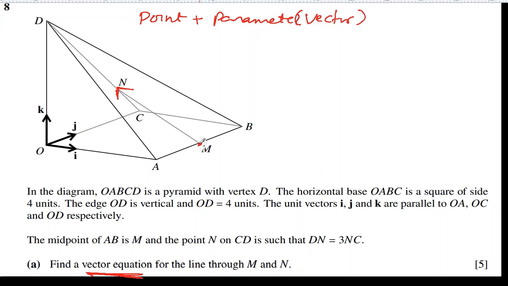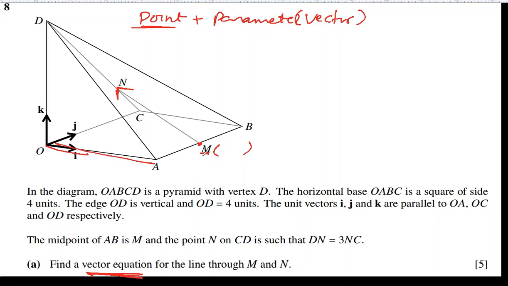And I need a point. Let me take M because M is easier to find. Whatever are the coordinates of this point become this point, right? So let's find the coordinates of this one first in ijk format. So we know that OM is the position vector, this OM, and that will become the coordinate. Whatever is OM vector, that becomes the coordinates of this point. What are the coordinates?